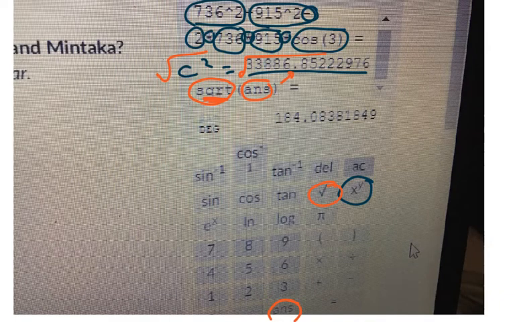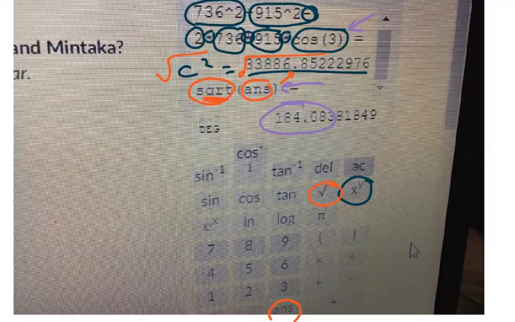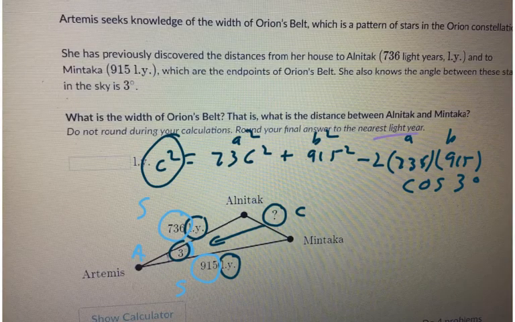And the other thing I want to remind you of is whenever you're doing these functions, you always have to close it with the right parenthesis before it will calculate for you. But anyways, after we do the square root of that, as you can see, we get 184. They said round off to the nearest light year. So we would type in 184, click check, it will work. And there basically is a law of cosines.